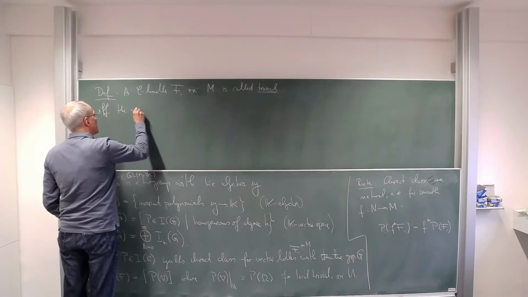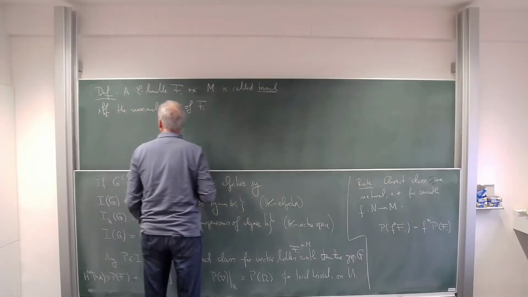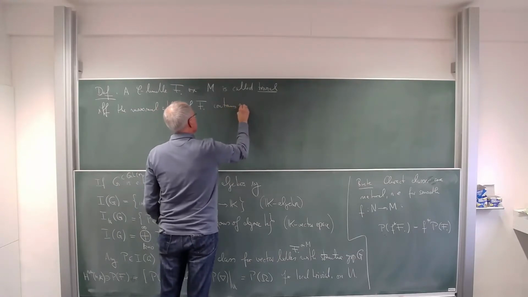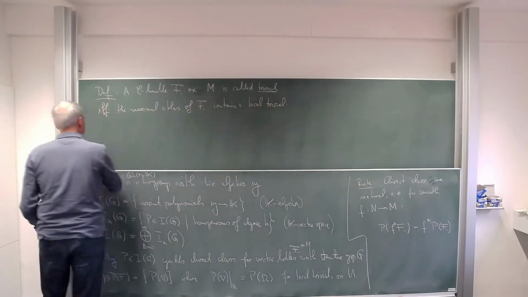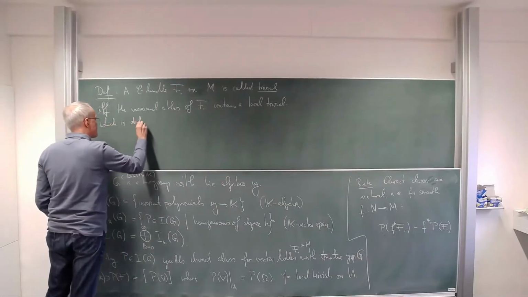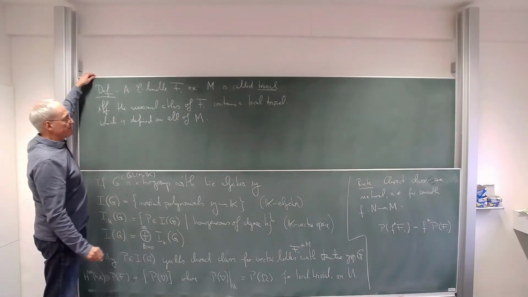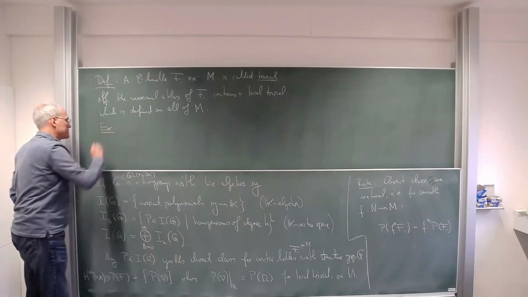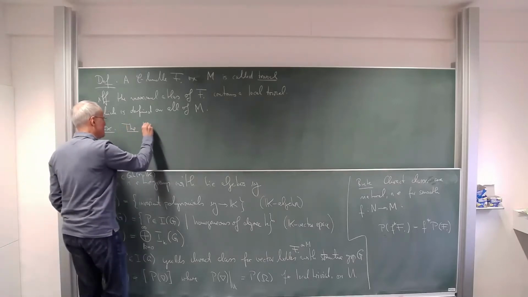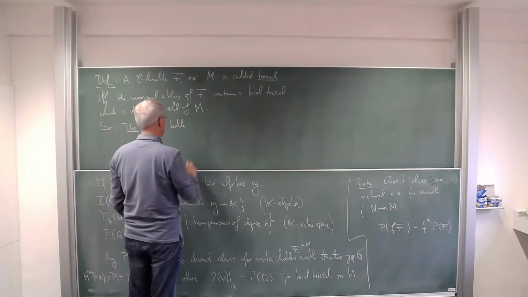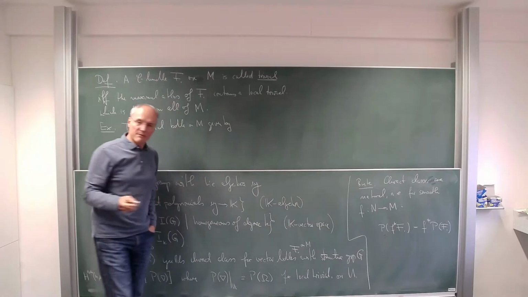If the maximal atlas of the bundle F contains a local trivialization which is global, a local trivialization which is defined on all of N. As an example, an example for a trivial bundle is the trivial bundle, which is given on M by associating the same fiber to each point.